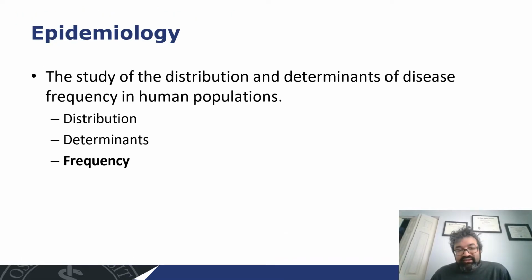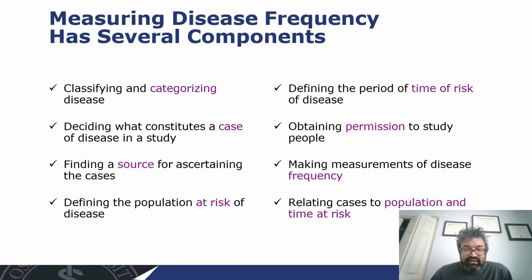So we did go over this definition previously, but the study of the distribution and determinants of disease frequency in human populations have to do with not only distribution and determinants, but also understanding frequency. So when we're thinking about frequency, there are 8 components that you want to be thinking about.